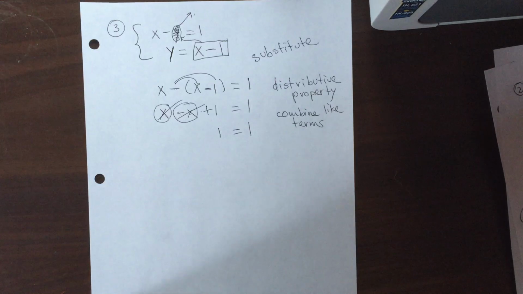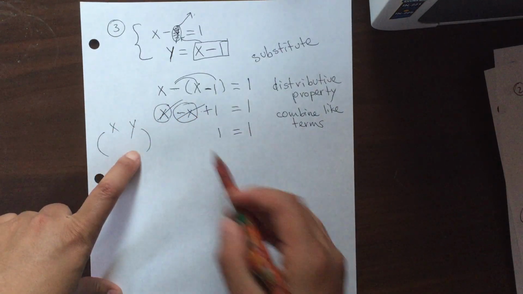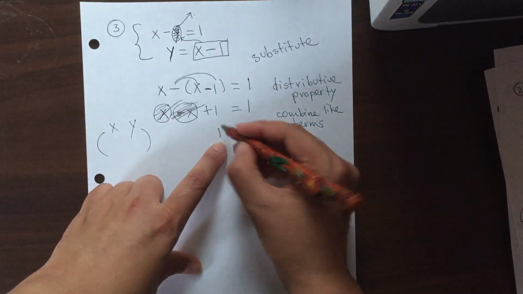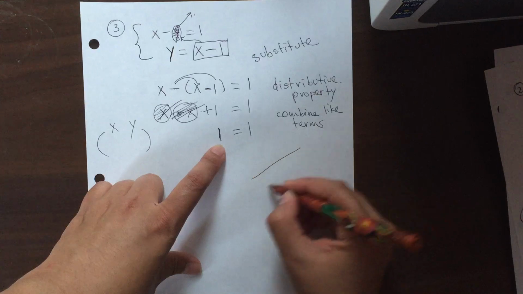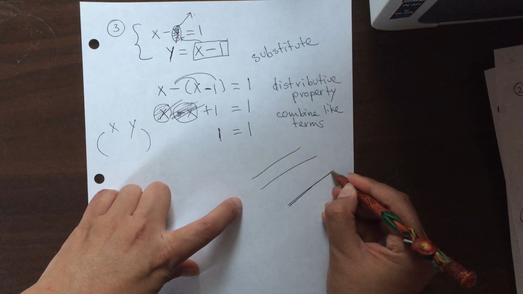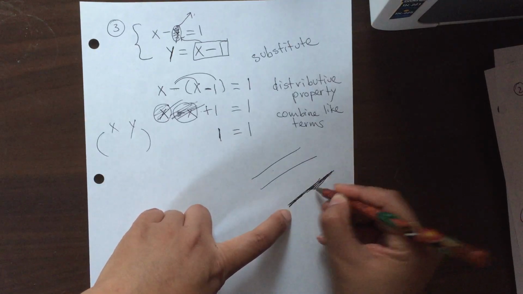So guess what? We don't have a single solution for x and y because the x disappeared. So one little trick, and I've been telling you about no solution and infinite solution lines, the ones that don't meet and the ones that overlap each other.